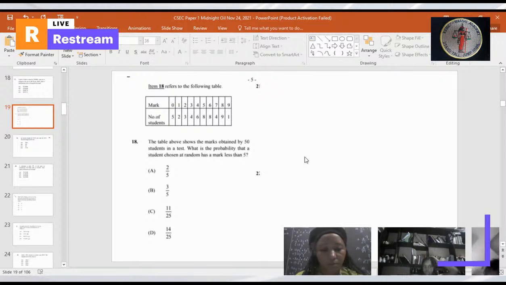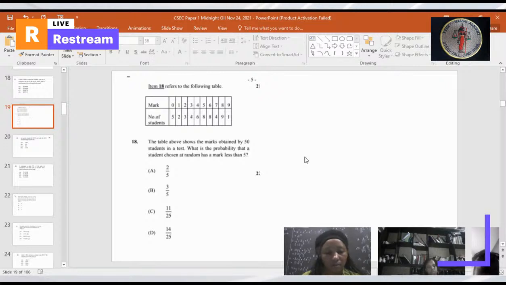So the probability is the chance. The chance of a mark that's less than 5. You'd add all the marks, the full 50 students.